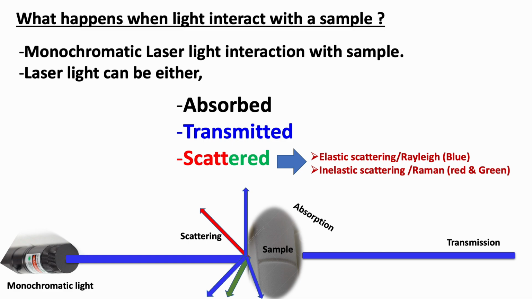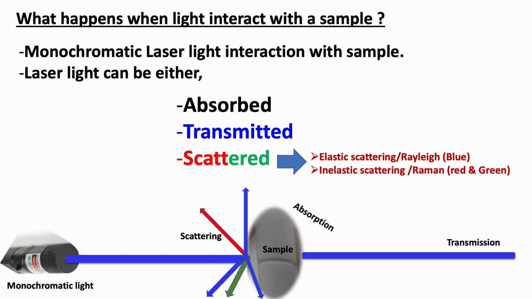As we know, when light is scattered off a sample, there are two possible outcomes. One is elastic scattering, also known as Rayleigh scattering, which occurs when the scattered light has the same energy as the light that initially struck the sample. This means that the elastically scattered light will have the same frequency, wavelength, and color as the original beam of light.